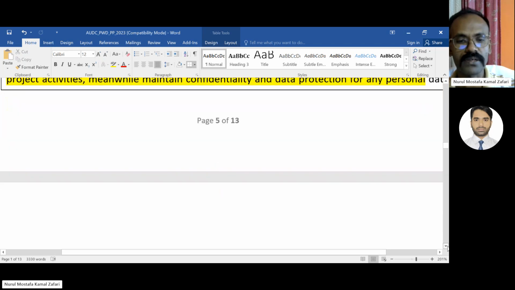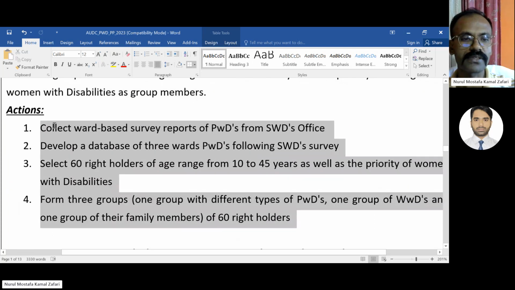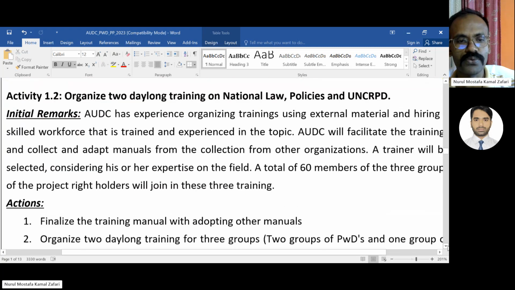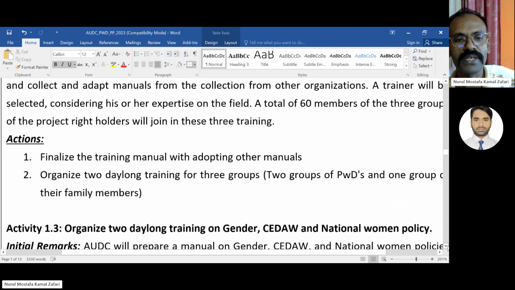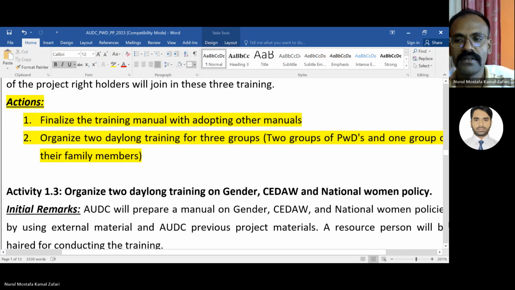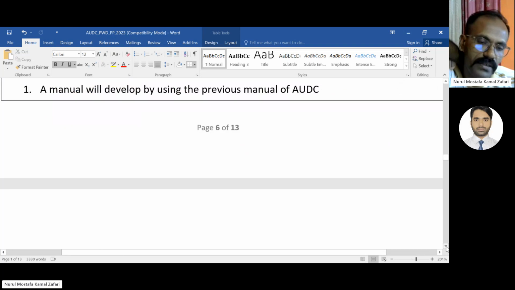This is activity 1.1. Now we have some action plan. These are the actions. To complete project activity 1.1, we need to finish these things. Now activity 1.2. It also has an action plan. These are the actions. So that's how we draw the action plan for each project activity.